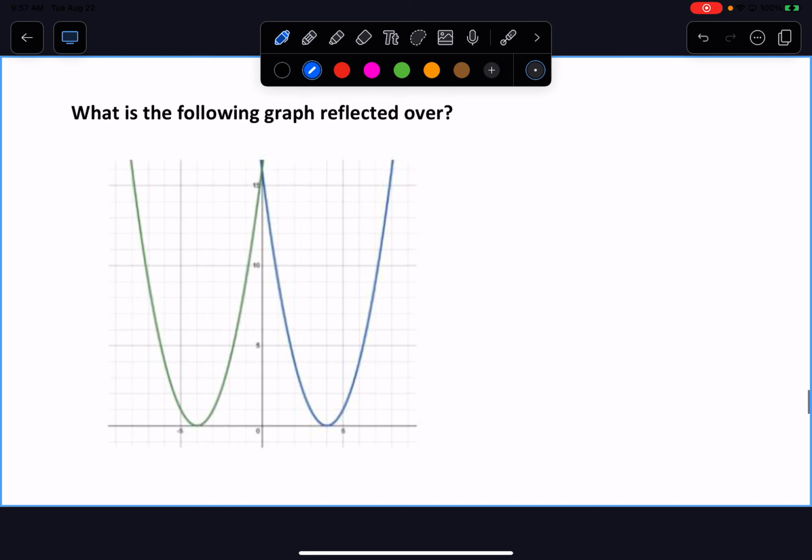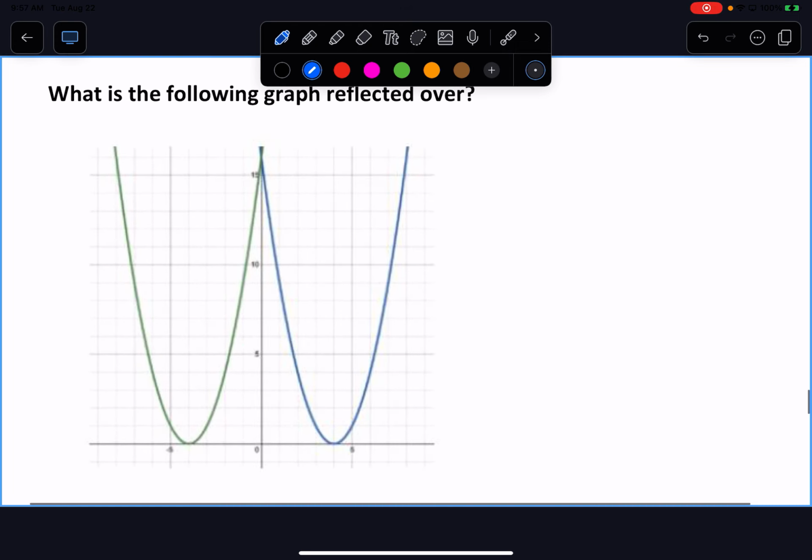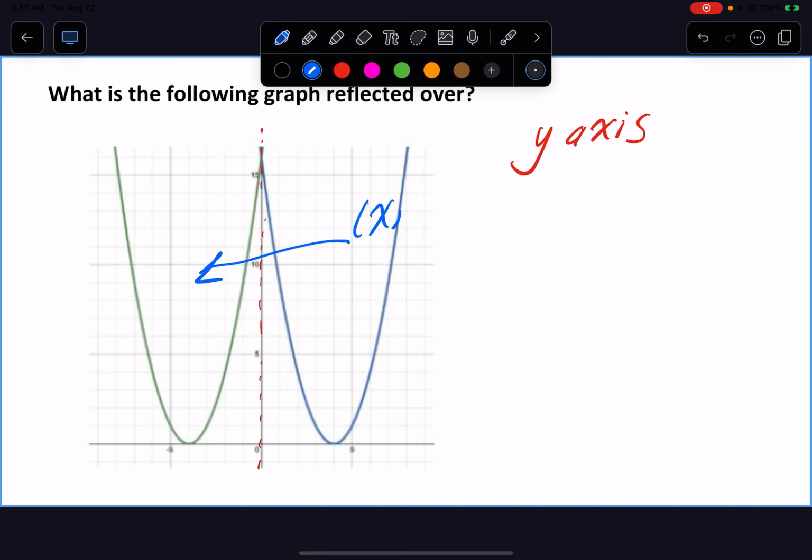All right, so right here it says, what is the graph reflected over? The y-axis. True? So the y-axis. All right, let's go from blue to green. The blue are our x, y points. What will happen to get to green?